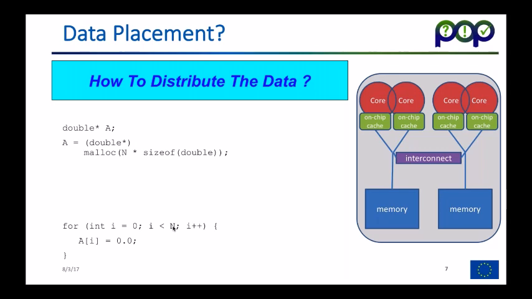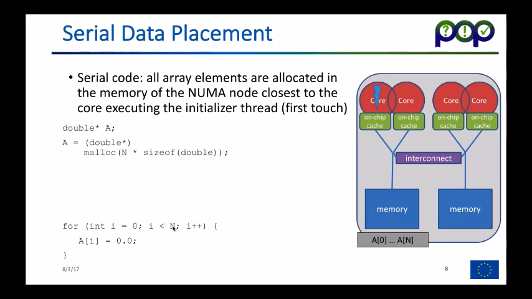So what happens if I execute this program sequentially? First, at the point of time at which malloc is called, nothing really happens. The operating system makes kind of a mental note that this application sooner or later might use up to that requested amount of virtual memory.